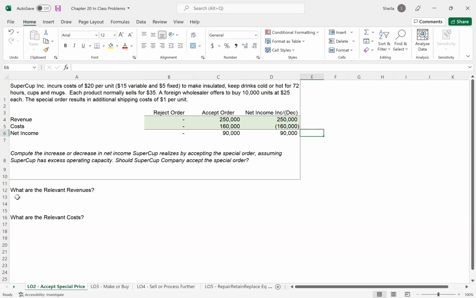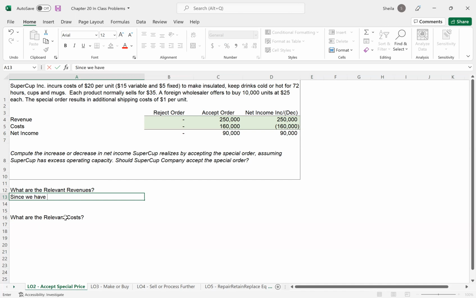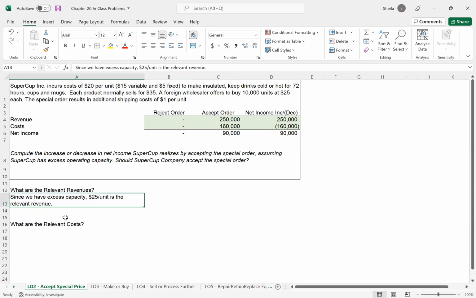Now, just to reiterate, what are the relevant revenues? Since we have excess capacity, $25 a unit is the relevant revenue. Remember, this is what changes across alternatives.